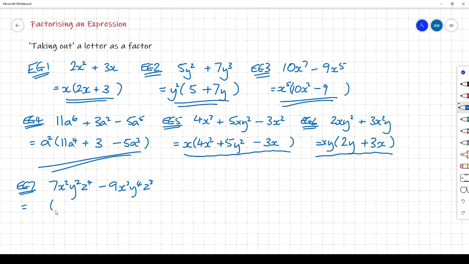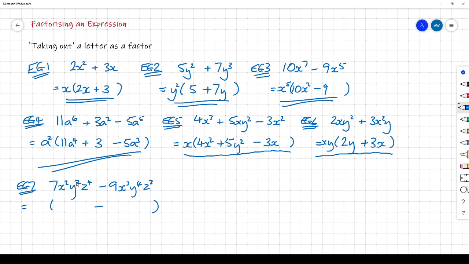Let's have a look. Put a pair of brackets, put a minus in between, so we're basically dropping that sign in there. It's never going to change. What letters have we got in both terms? We've got x's, we've got y's, and we've got z's. So we've got 3 letters we can take out this time. We do one at a time. Remember, I always tell you to break things down into smaller steps. Do one step at a time.